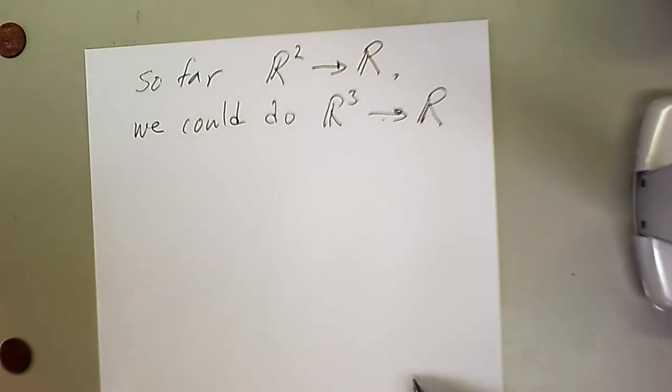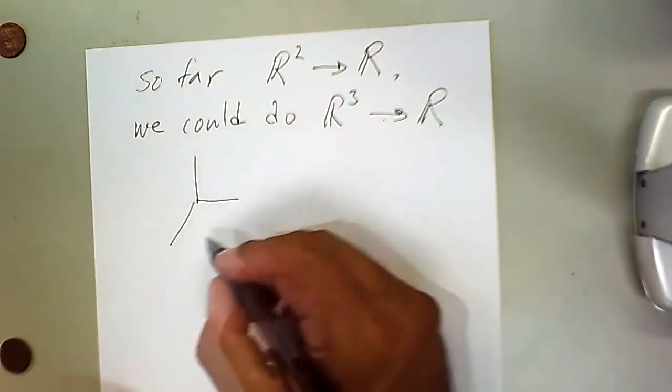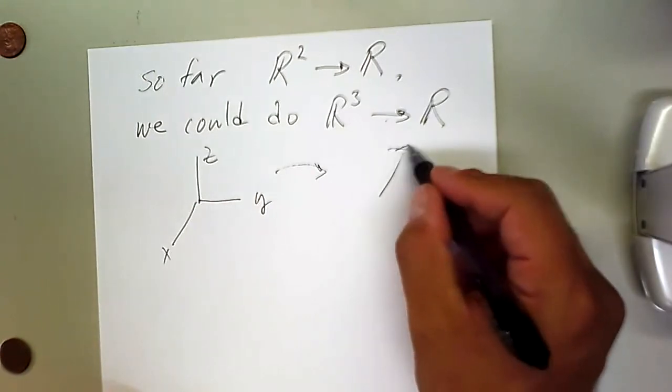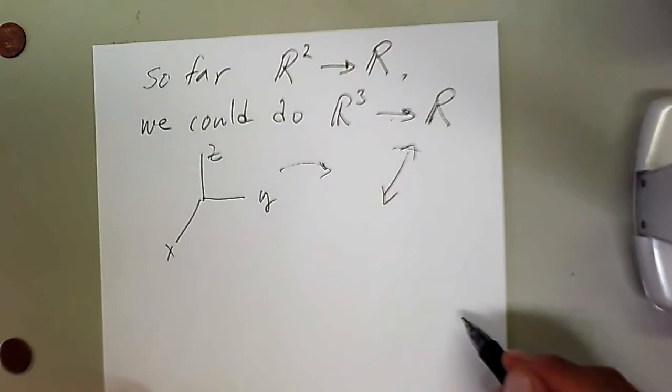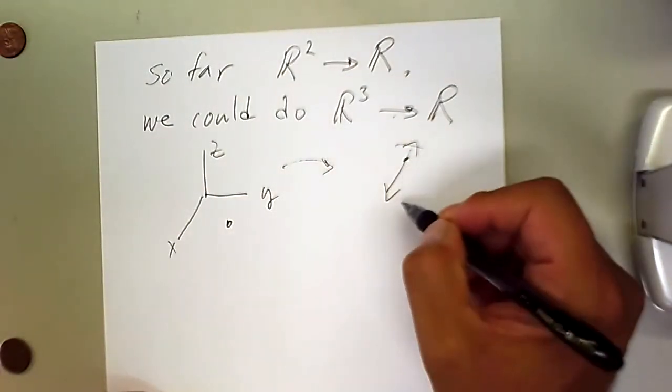It is not as easy to draw anymore because we're taking 3 dimensions, x, y, z, and putting it into 1 dimension. So again, we have the problem that in total we have 4 dimensions. So how do we draw that? For every point here, we have a corresponding point out there.